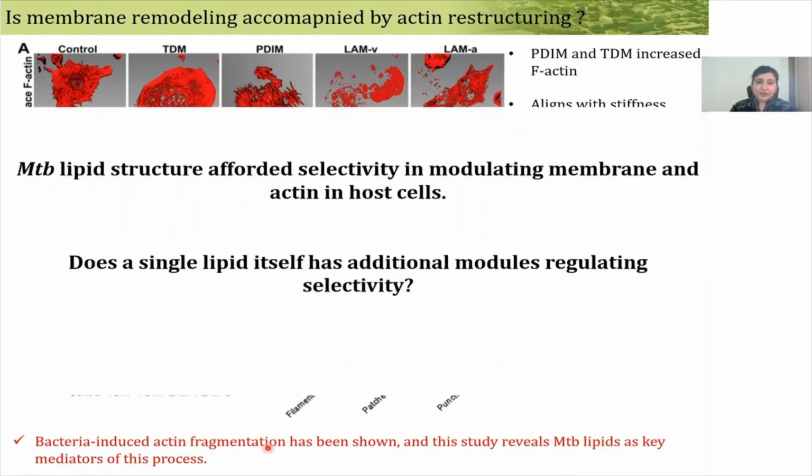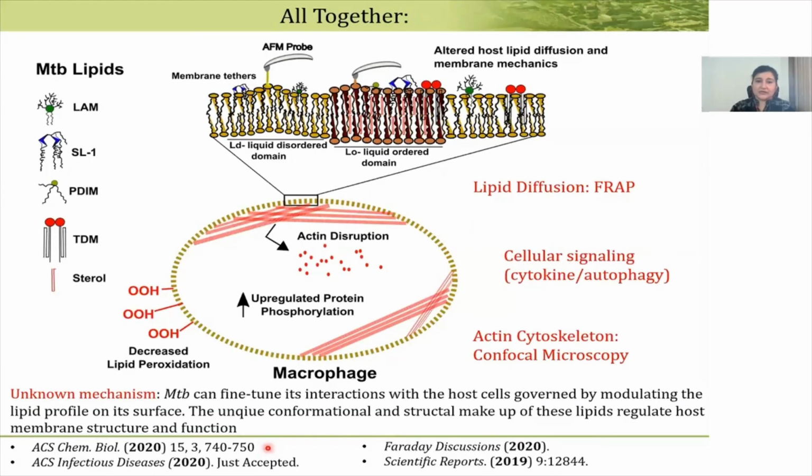So what we concluded altogether is that these structurally diverse, unrelated mycobacterial glycolipids are capable of inserting in the plasma membrane of a host cell, wherein they bring about changes in its organization and mechanics. It affects the diffusion of plasma membrane components, of which we have only explored proteins up till now. It also leads to actin disruption.